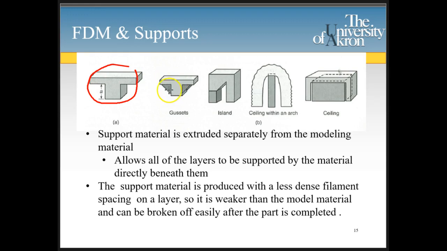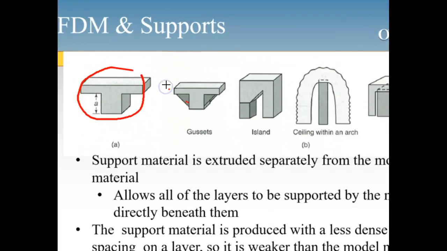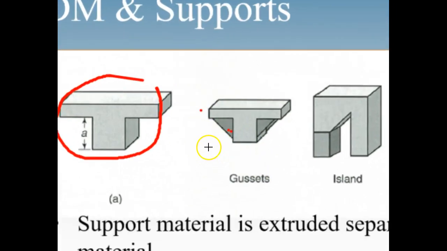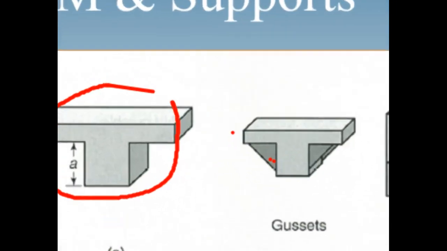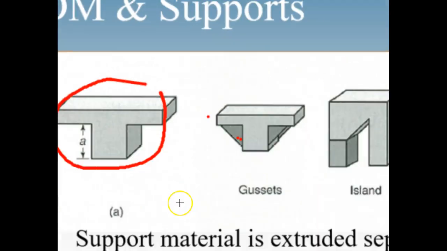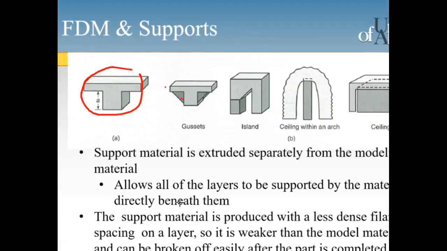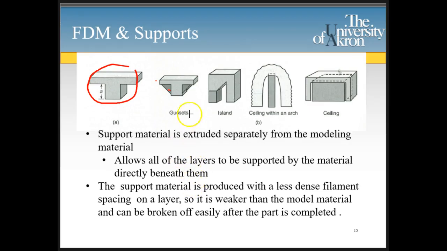So I would build support material here to gradually add material here so that I could build out. Here's another example. This is the finished part. This is the support, right? Here's an arch, right? Here's a table.